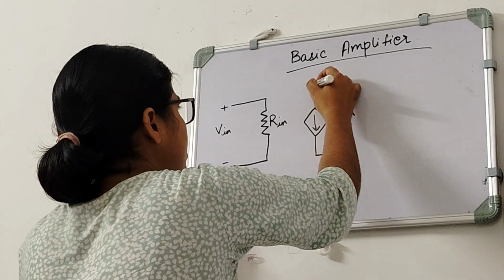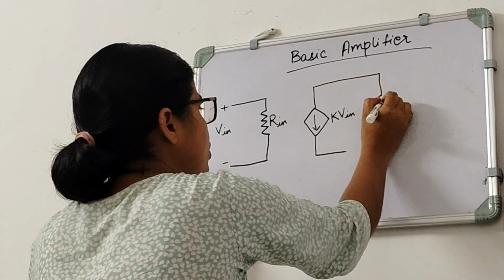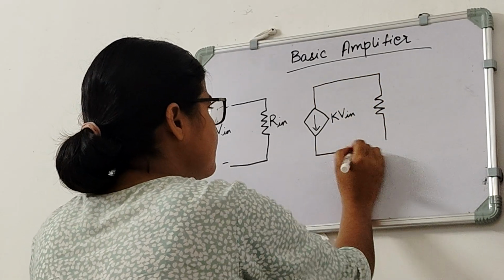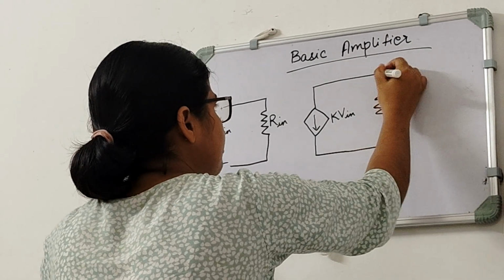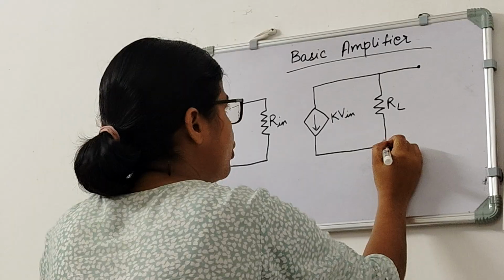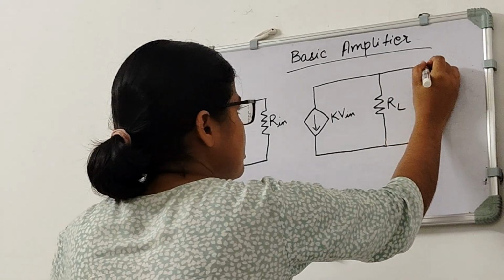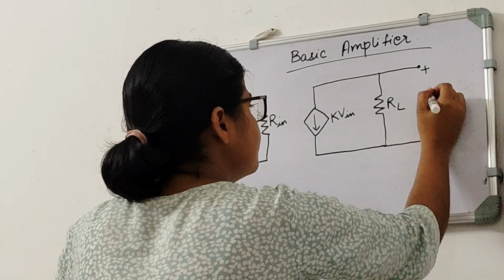And then we will have our load resistor, that is RL, and here we will have our output voltage, that is V naught.